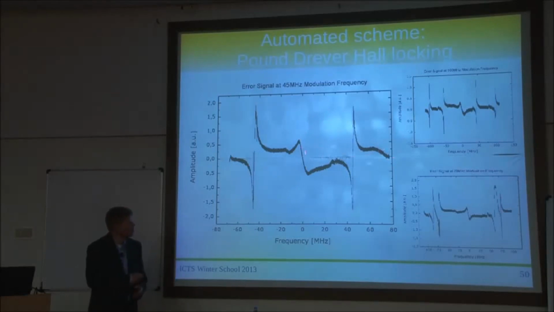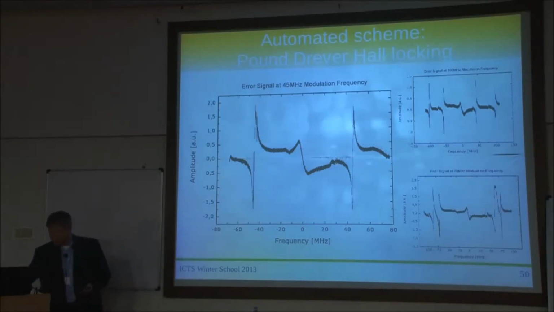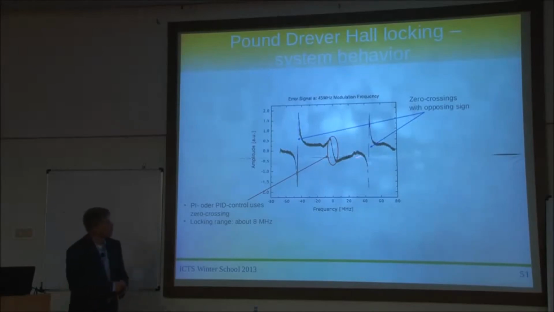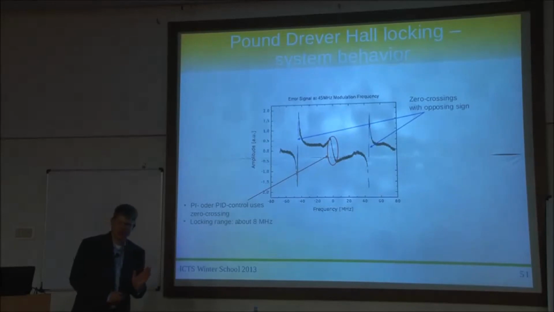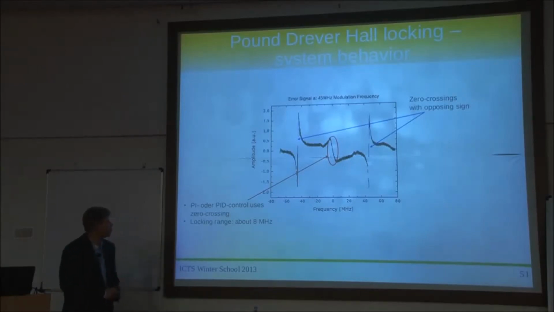So you are really interested in that part here. This part can be used as a feedback signal for the piezo in this case, but in general for some sort of actuator. I think there will be a lecture about control loops and feedback systems. But that's the flank you want to use.